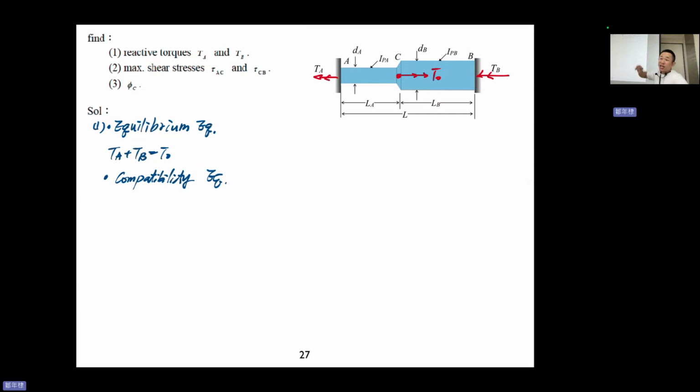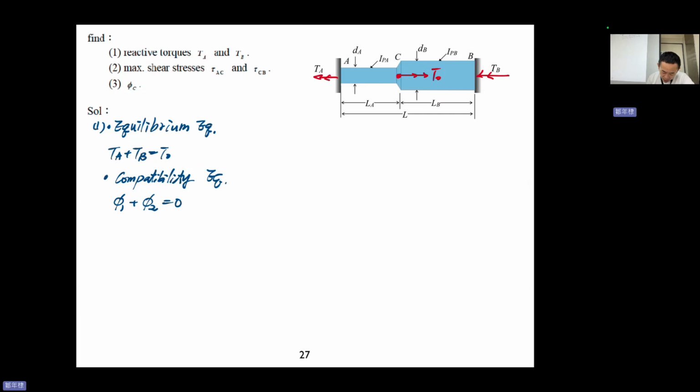So you can imagine that this one bar with two sections is fixed in between two walls. Which means that the total phi should be 0, right? So the first section, phi 1, plus phi 2 needs to be equal to 0 because it is confined within two walls.